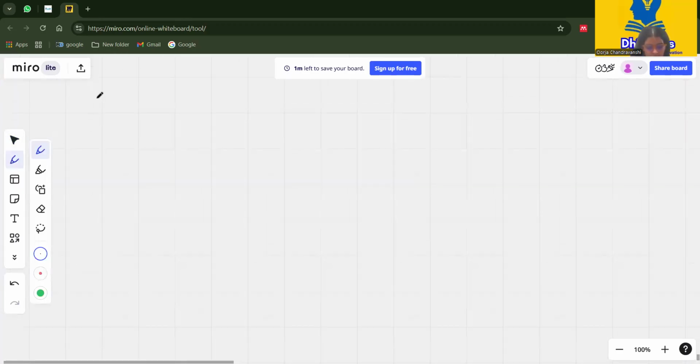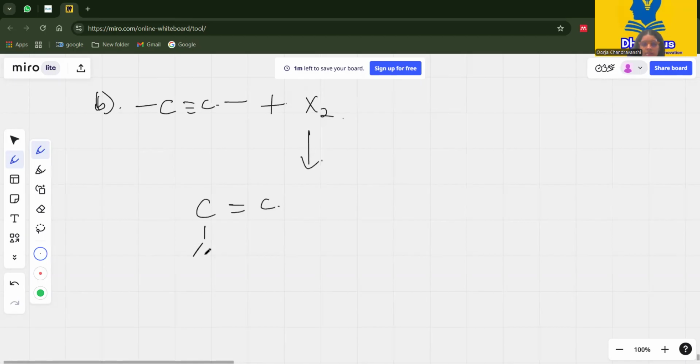Next is addition of halogens, directly addition of halogens. So that will be the B part. With X2, what will I get? If you can guess, then you must write it in the comment box.